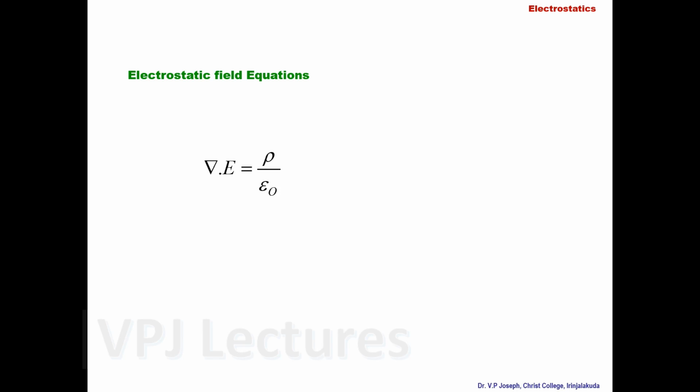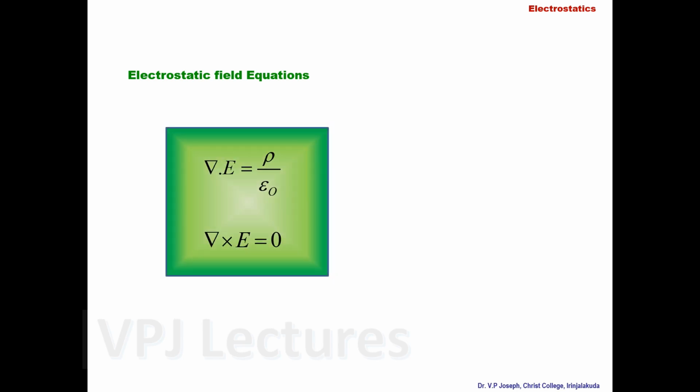Then, before concluding, I would like to highlight these two equations, the most important equations of electrostatics. These are the point equations, or differential equations, of electrostatics. That is, del dot E is equal to rho by epsilon 0, which is nothing but Gauss's flux theorem, and del cross E is equal to 0, which is the conservative nature of electrostatic fields.